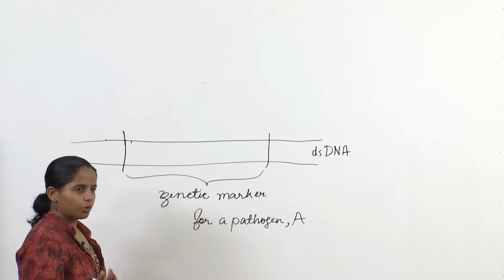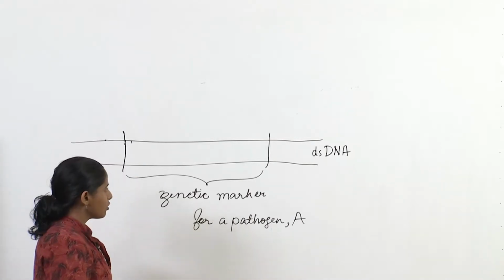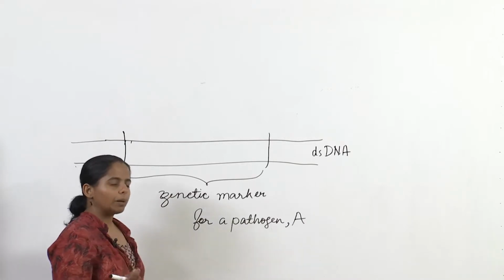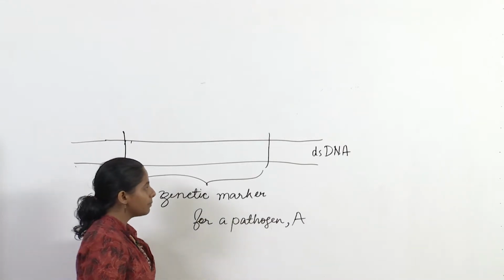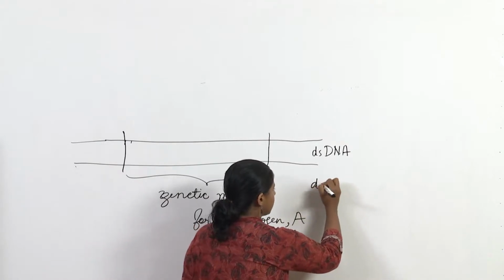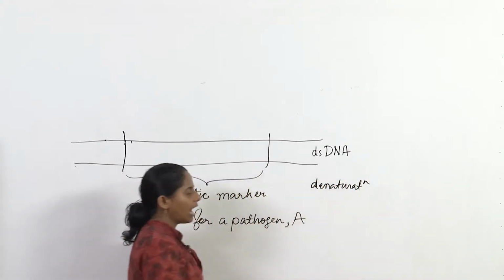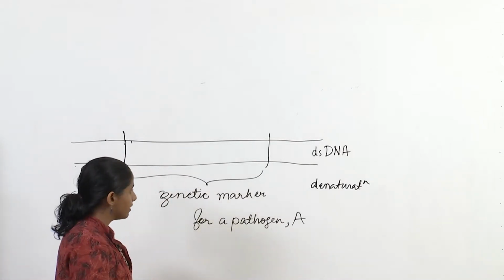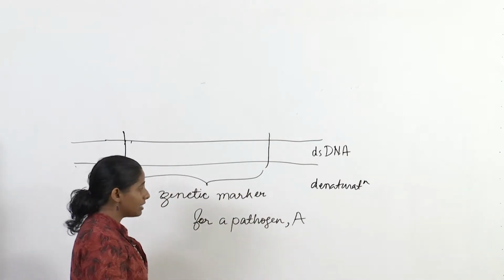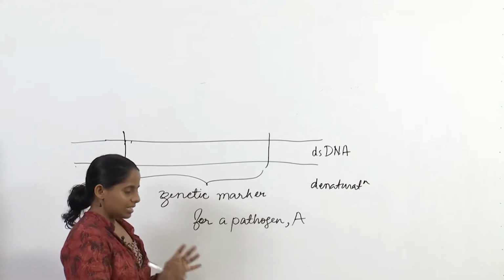So, the first step often is denaturation. In denaturation we usually use temperature, but we can also do it chemically. We increase the temperature up to the high 90s, 95 to 97, and at that high temperature the double stranded DNA separates.